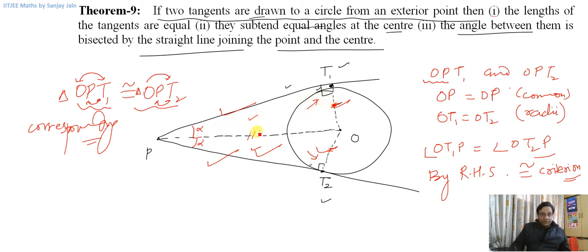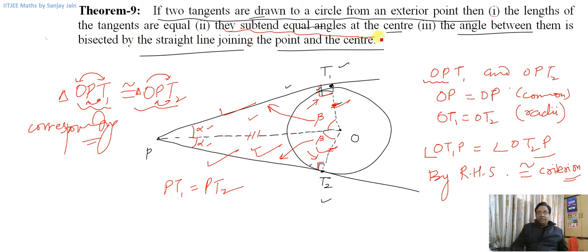If these two angles are already equal, then the remaining angle is also equal, right? Because both the triangles satisfy that the sum of internal angles of a triangle is 180 degrees. If two angles are equal, the third angle is bound to be equal. So all three angles are equal, side opposite to beta are equal, that is PT1 is equal to PT2. So the lengths of the tangents are equal.